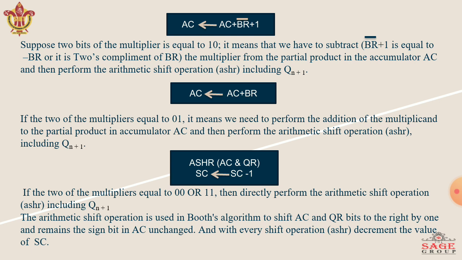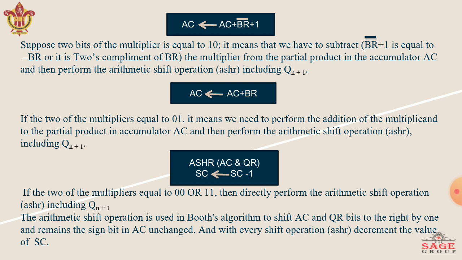Now, if we get the output 10, it means we have to subtract the value of BR from AC, that is, add BR bar plus 1, which is equal to minus BR or the 2's complement of BR, the multiplicand, from the partial product in the accumulator AC, and then perform the arithmetic shift right operation, including Qn plus 1.